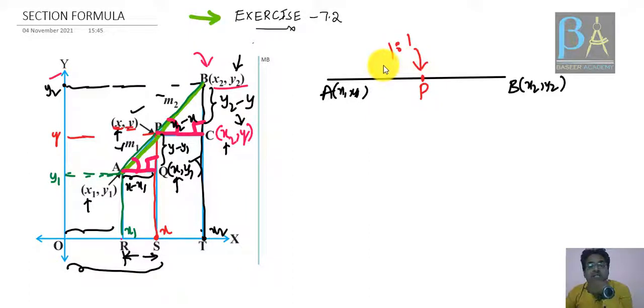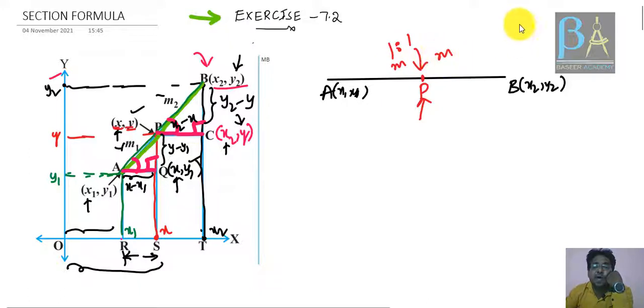How? Previously we took the ratio as m1:m2. Now since P is lying exactly in between A and B, since P is the midpoint of AB, it cuts AB in the same ratio. Let us say it cuts it in the ratio m:m. Obviously m:m can be written as 1:1, isn't it? Why?